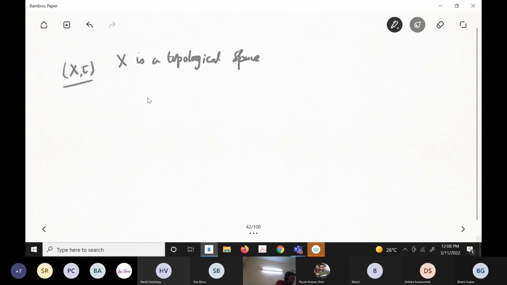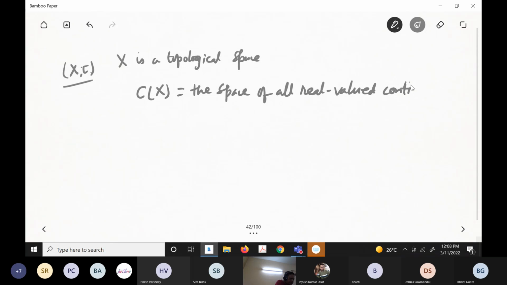Then C(X) is the space of all real valued continuous functions on X. Now look, a function may not be bounded here, but still, as you know, I did last semester, I can define uniform convergence of a sequence of functions.